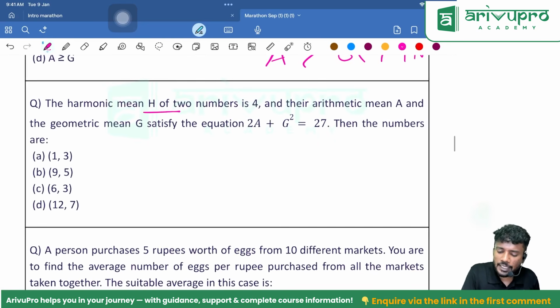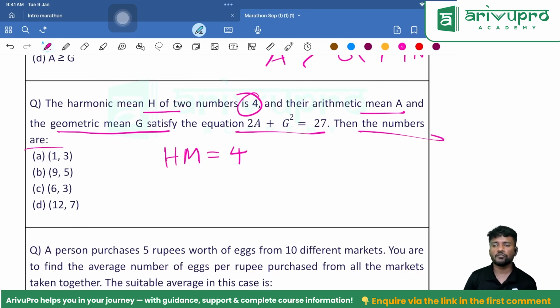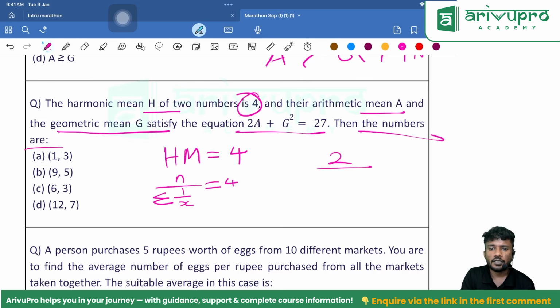Now look here. The harmonic mean H of two numbers is 4 and the arithmetic mean A and geometric mean G satisfy the equation. Then the numbers are given to be what? Now people, what is the best method? Option hitting. So we will find HM is how much as per the question? 4. So what is the formula for HM? N divided by sigma 1 by x, which is equal to 4. Here N is 2, so 2 divided by sigma 1 by x.